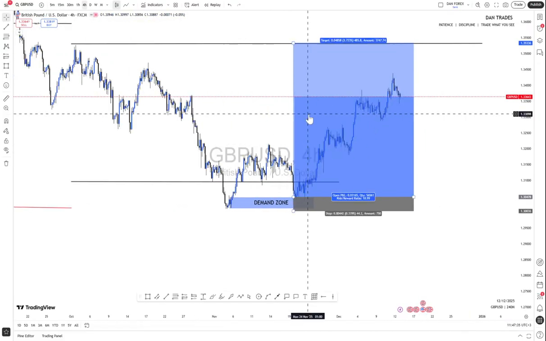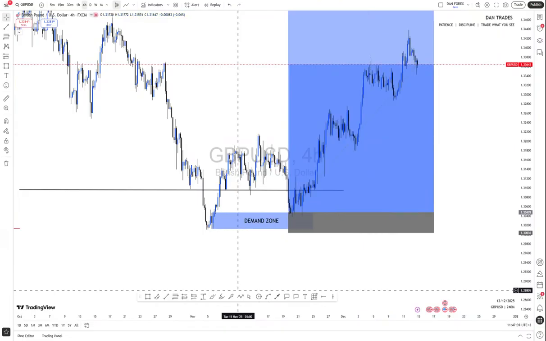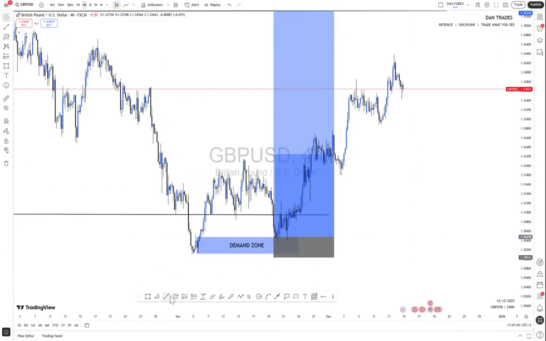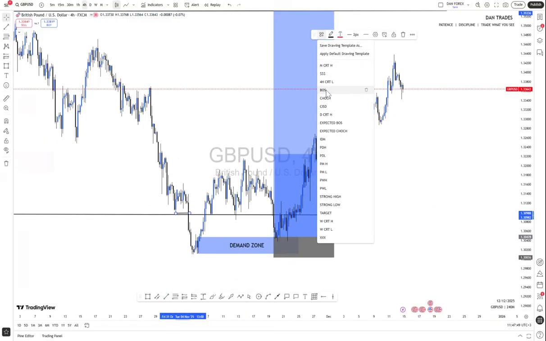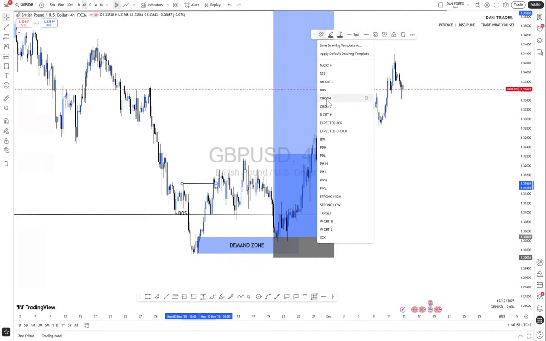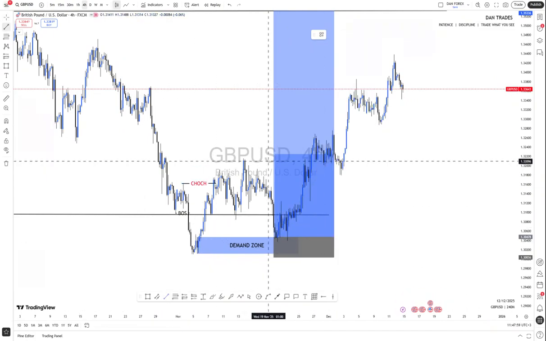Now using the 4 hours, for the entries of the buys for next week, I kind of see that for this low here we had the breakout structure, and then we had this as the change of character, and then we came for the demand.